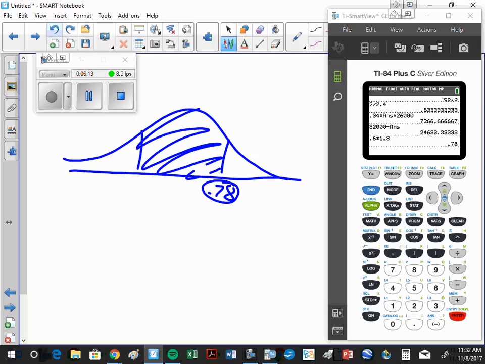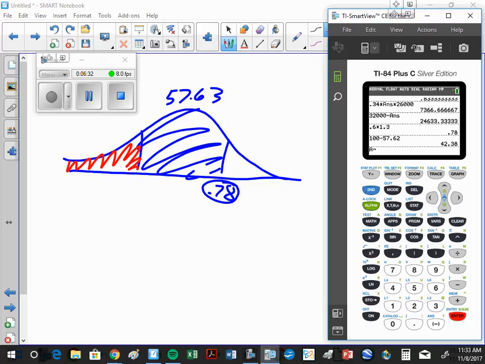So that middle area for 0.8 is 57.63. But we also need to include this. Right. So 100 minus 57.63 divided by 2. Add that back to 57.6. And that's where they get 78.8%.